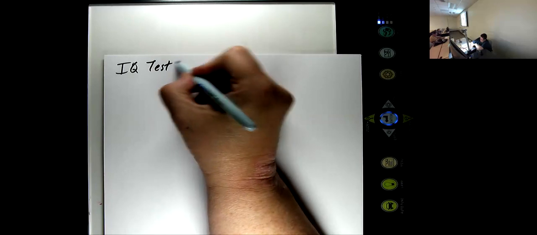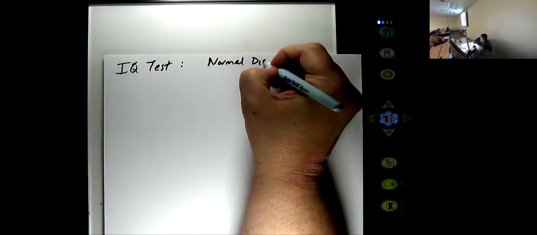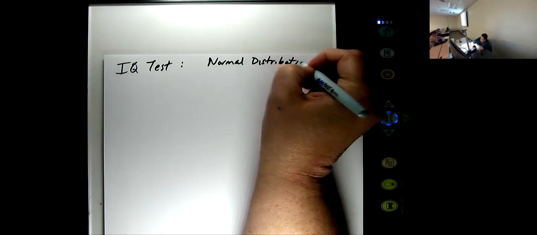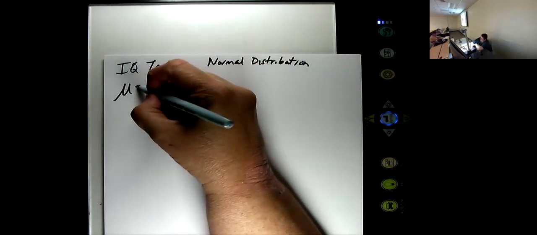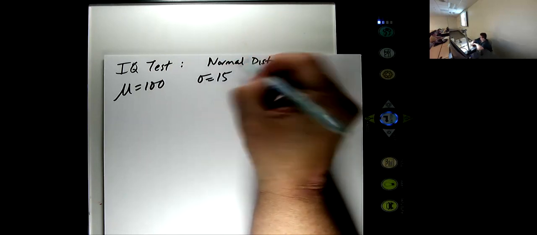Let's start off with the IQ test. The IQ test is a normal distribution. We already know that. It has a mean of 100 and a standard deviation of 15.